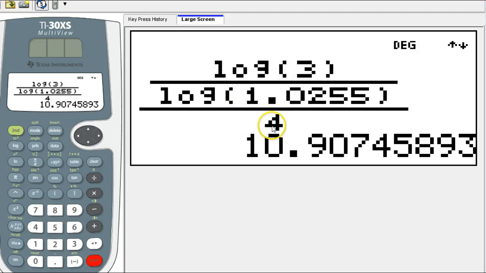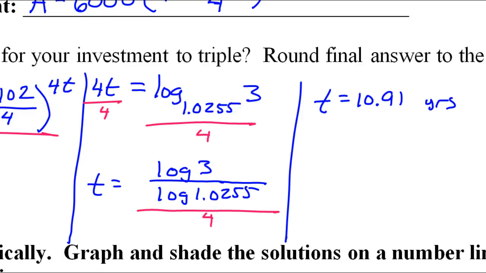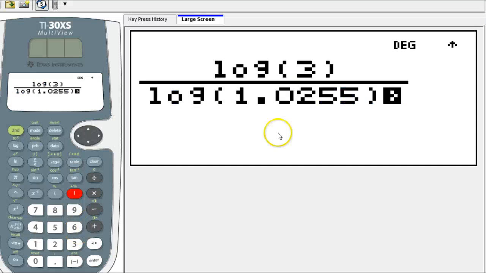Now, if you're uncomfortable typing in that compound fraction, you might type it in this way. Just type in the log part, this part here in blue. Type that in. Don't type in the divided by 4 part yet. Just do log 3 divided by log 1.0255. So that would look like this.